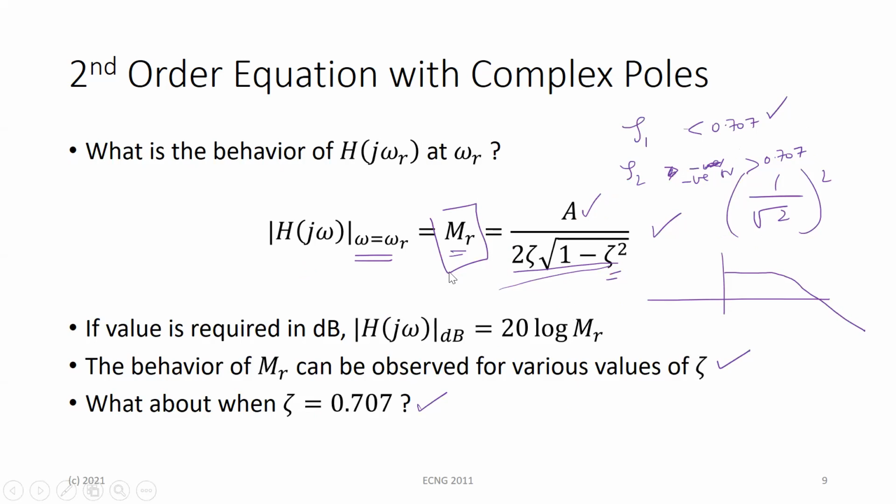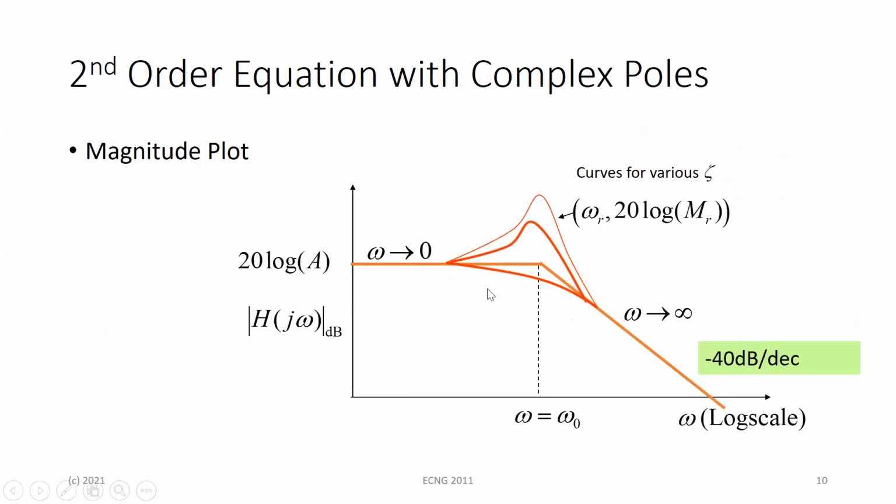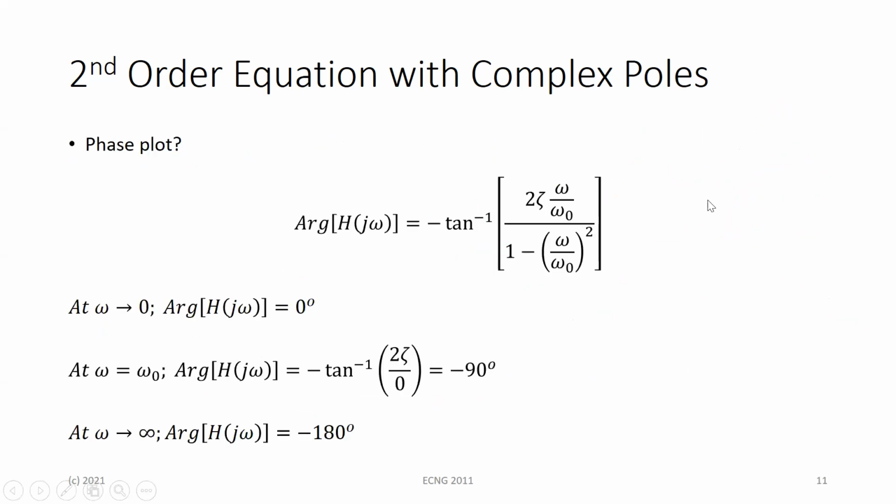Right. The last part of the behavior that we have to look at is that, besides the magnitude response, the Bode plot has a phase response. We take the same sort of approach here.